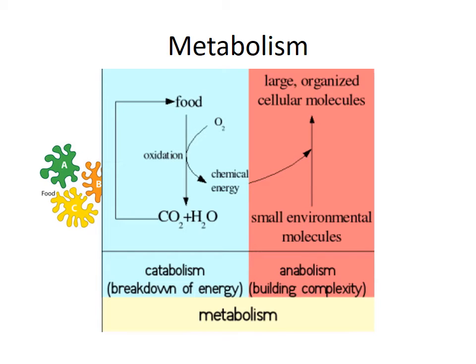Catabolic pathways, we break down and we release energy, and we're going from complex to simple. And in anabolic pathways, we're using energy, and we're going from simple to complex. And that's what metabolism is. It's the sum total of all the chemical reactions, catabolic and anabolic, going on in your body.